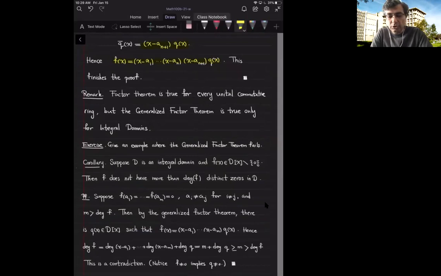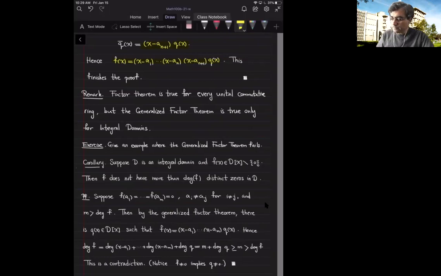Meaning you should give me some ring which is not an integral domain, of course, and a polynomial that has many distinct zeros, and we cannot write the polynomial as a product of those distinct zeros and so on. Okay, so try to think about this, and we will discuss this in the discussion and problem session as well.